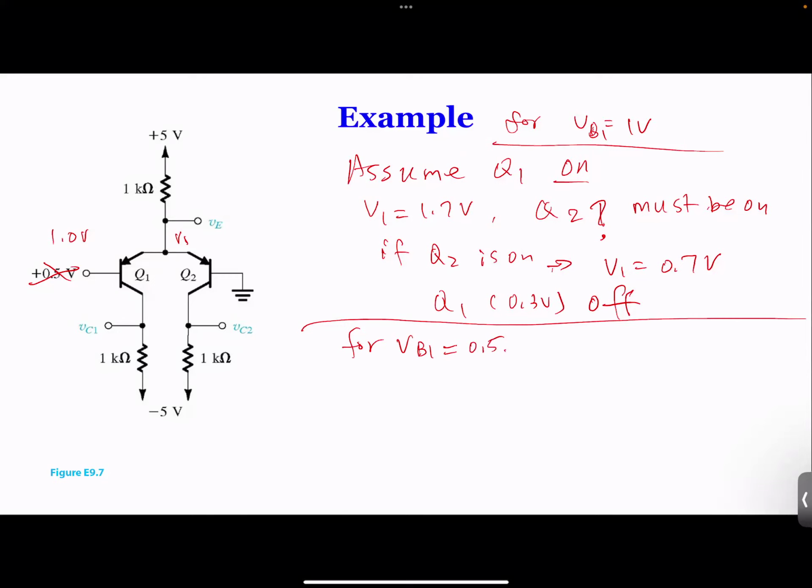So if VB1 is 0.5 volts, most likely both can be on. Let's assume like this 0.5.